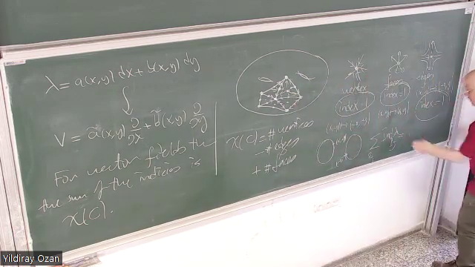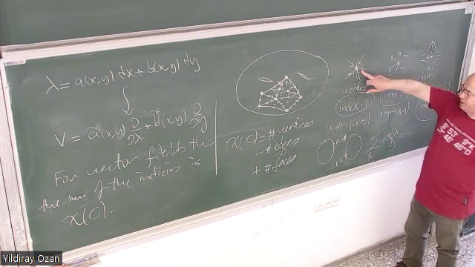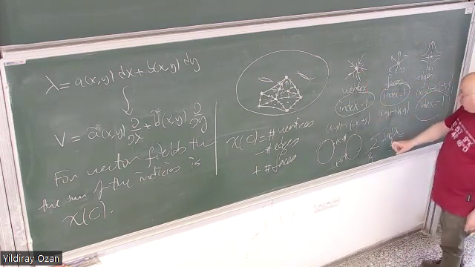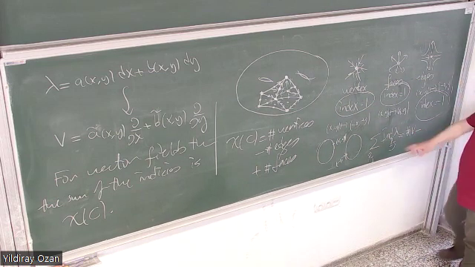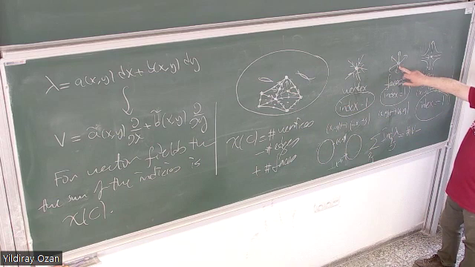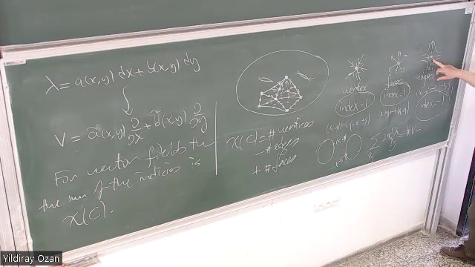So this means what? For a point which is a vertex, it is 1. Therefore, here this is just the sum of the vertices. And then for points on the edges, it will be minus.